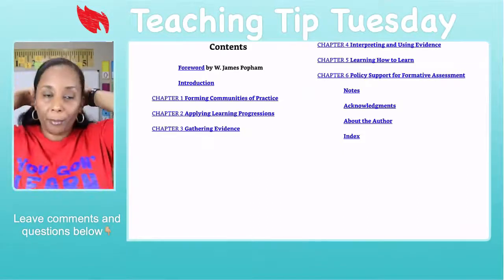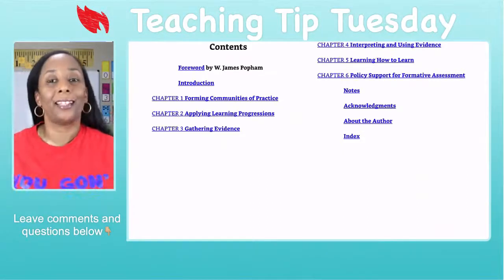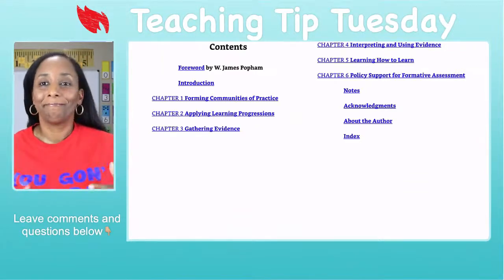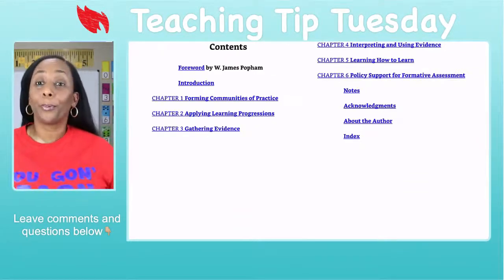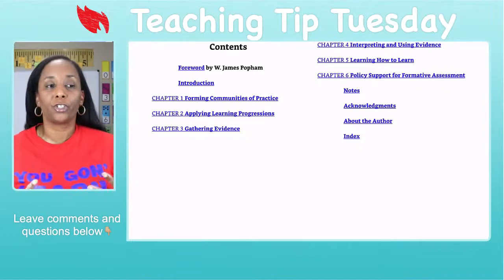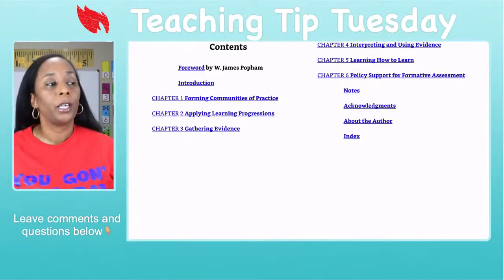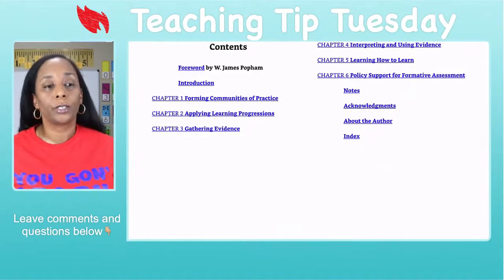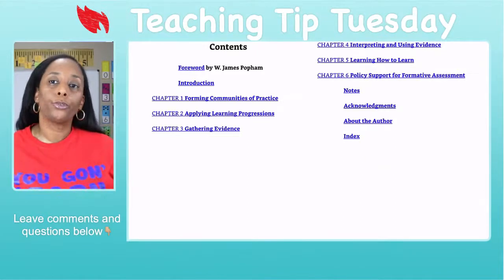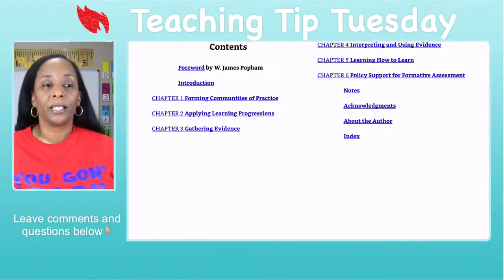When people tell me to explain how I'm doing that, I have the process, but it's more of an intuitive process rather than a documented one. So this book is a really good resource. It walks you through what formative assessment is, and it talks about the community of practice.